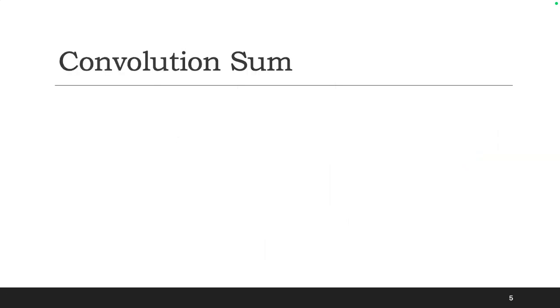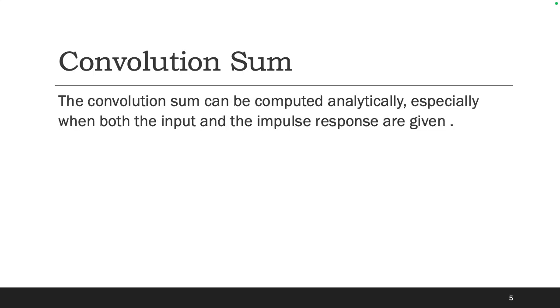Okay, let's review the convolution sum. What is a convolution sum? The output can be represented as a convolution sum. We want to find the relationship between the input and output, so we use the convolution sum.